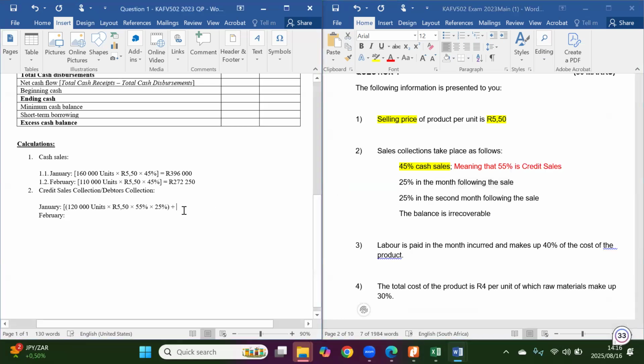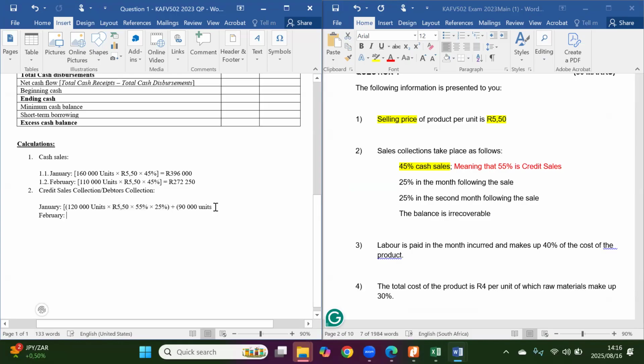So in this case, we're going to take our 90,000 units. In fact, the percentage will be the same anyways.